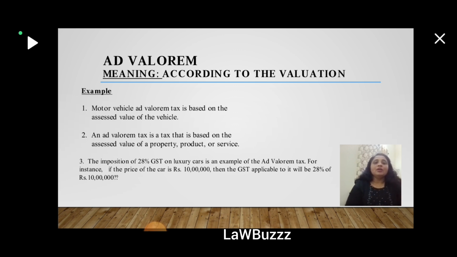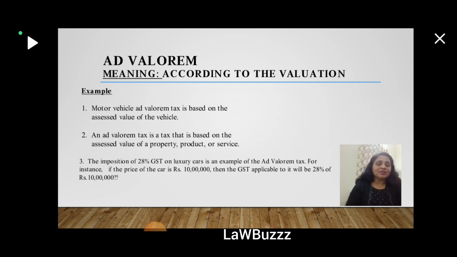As an example, you can say the imposition of 28% GST on luxury cars is an example of ad valorem tax. For a rough idea, if the price of the car is 10 lakh, then the GST applicable to it is 28% of 10 lakhs.